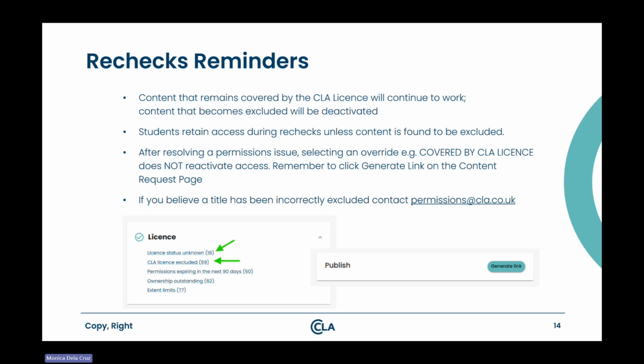If you find content is included after your checks, you can select an override, as Imogen has just mentioned, such as covered by CLA license. Just remember, though, that selecting an override on its own does not restore access. You'll also need to click the Generate Link button on the request page.